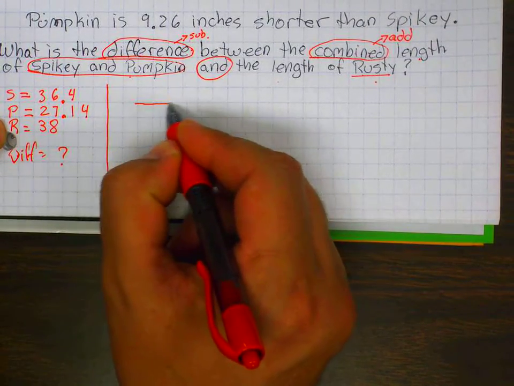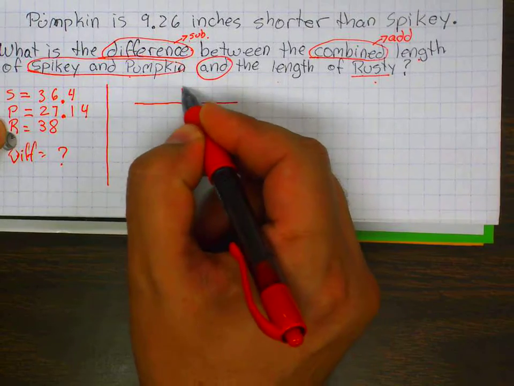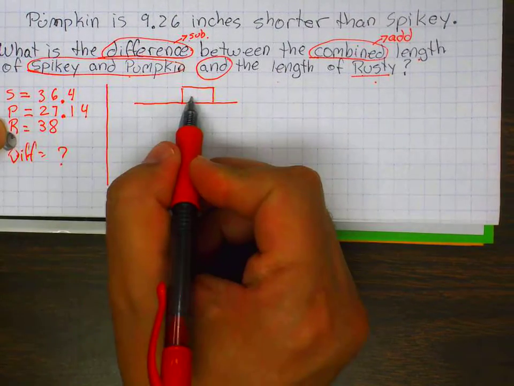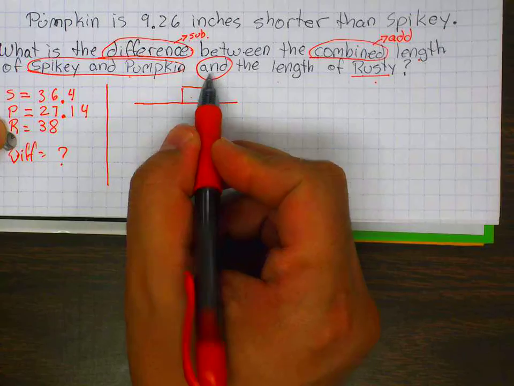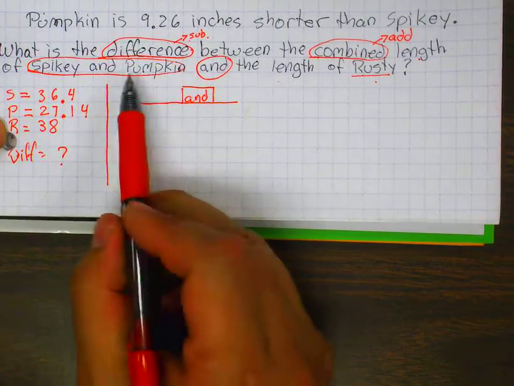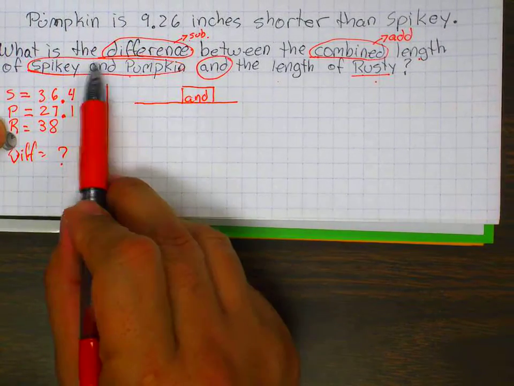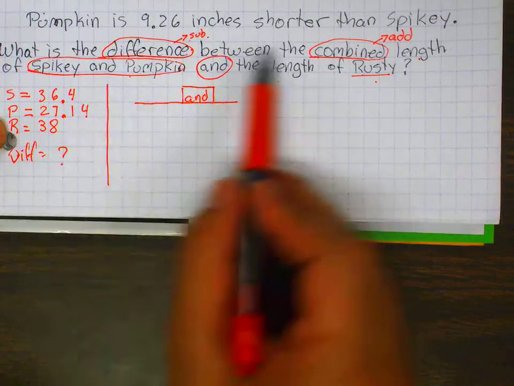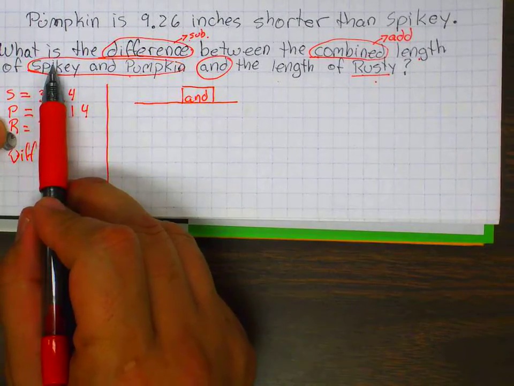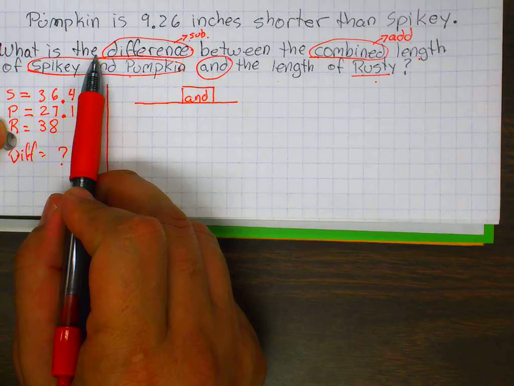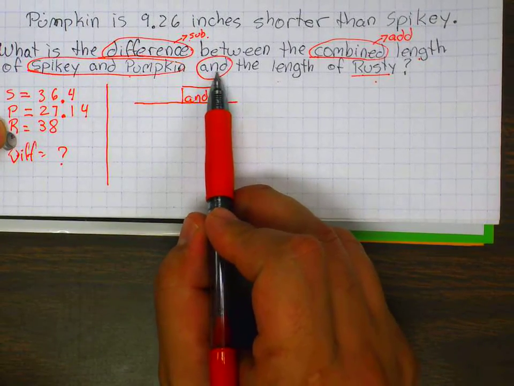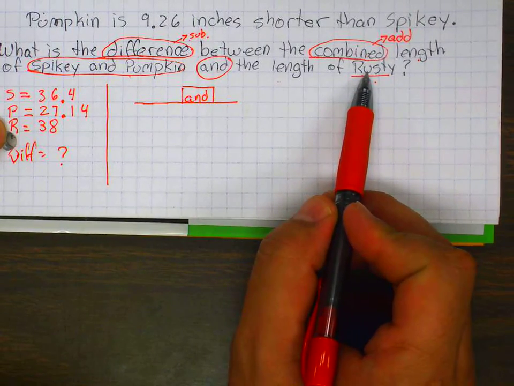Okay. So on my T chart, which word am I looking for here? And that separates the two things. On this side, notice that I have 2 ends, but this first one is of the combined length of Spiky and Pumpkin together, and that end is the one that tells me the other side.